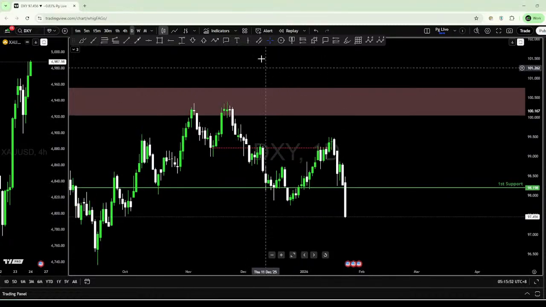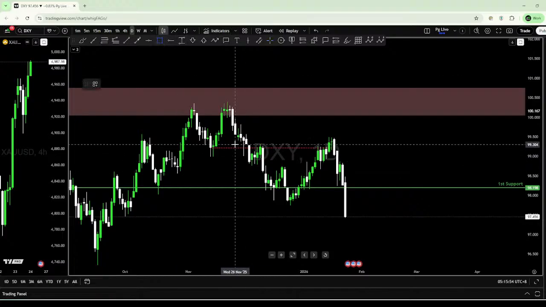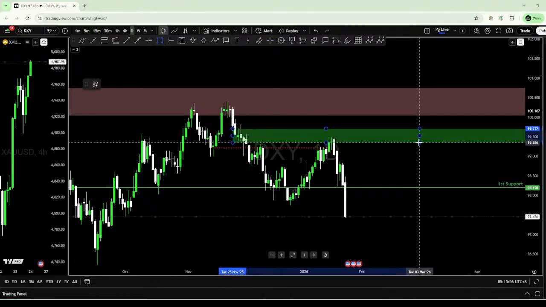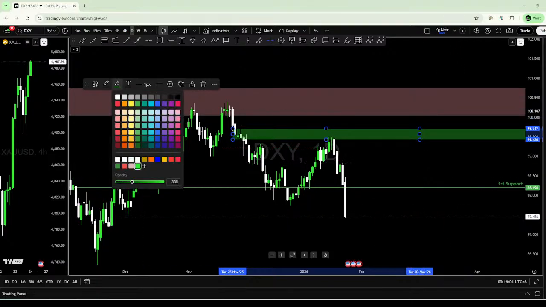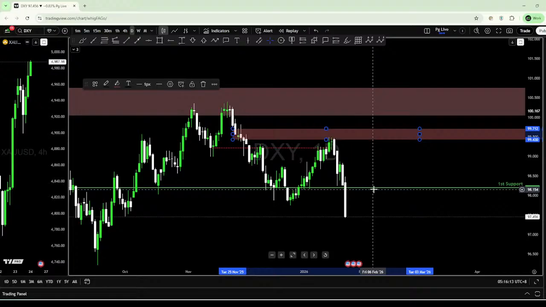And they go all the way up to this zone, the supply zone here. So this is the supply zone.